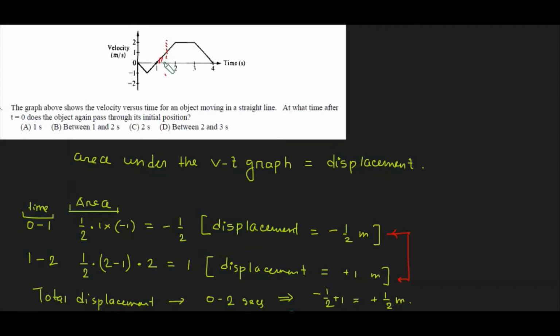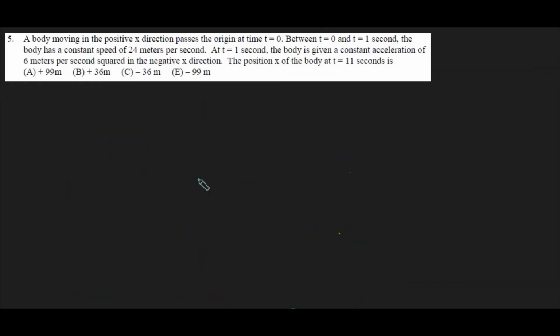Some zone will come whose area will counter the negative area between 0 to 1 second. So the final answer here will be between 1 to 2 seconds, the object will return to its original position. That's option B.